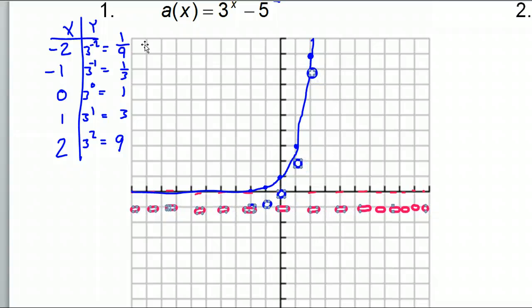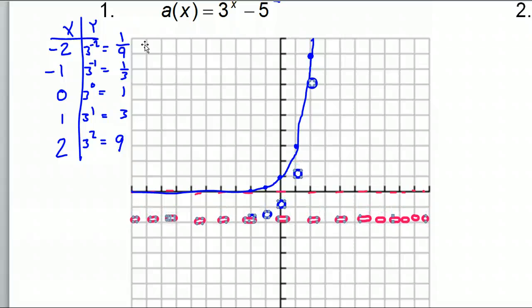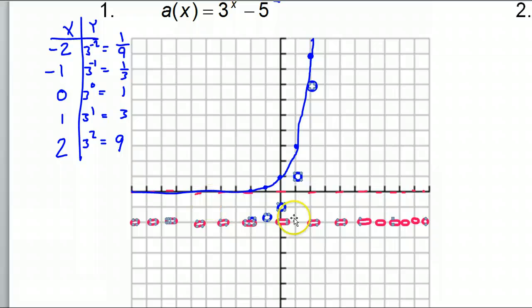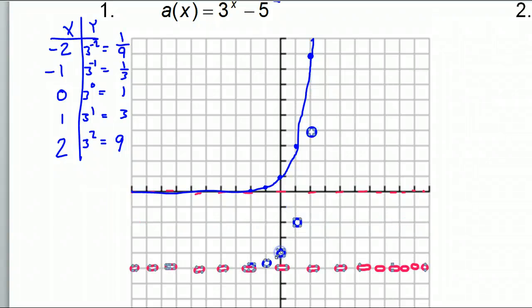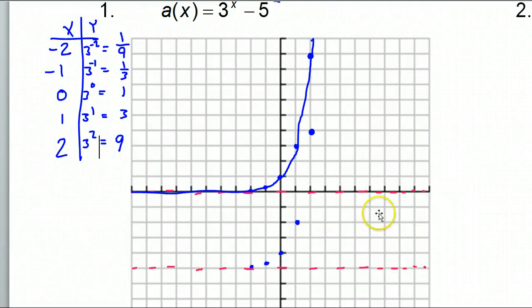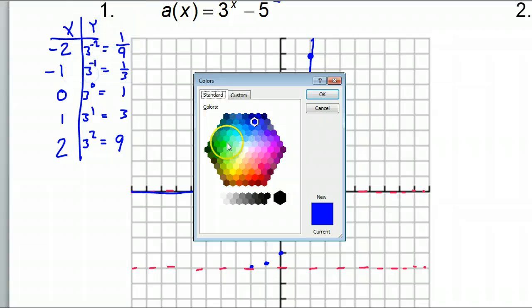So here I am down 1. This is too slow. Because I shifted down 2, let me speed this up. Down 3, down 4, and down 5. Okay, so that's what this graph would look like if I shifted everything down 5. I'll go ahead and color this a different color. I'll do green.